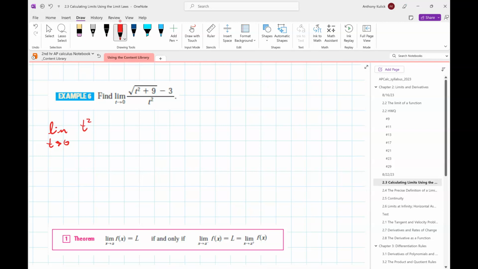Uh-oh. What should I do? Ah, yuck. Do you really want to FOIL out the square root of t squared plus 9 minus 3 times the square root of t squared plus 9 minus 3? Am I still going to get a square root of t squared plus 9 in there?